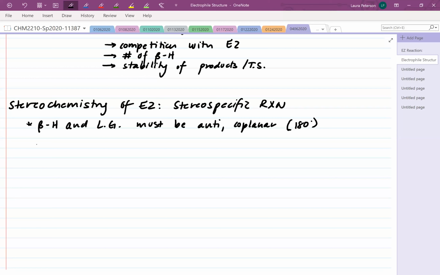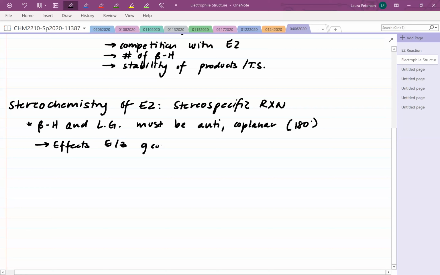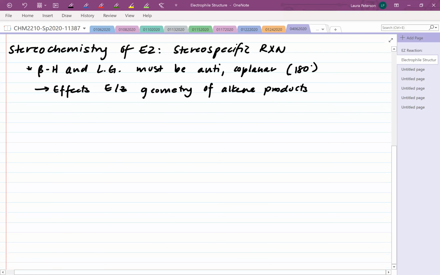What we're going to see is that this requirement affects the EZ geometry of the alkene products. So it's stereospecific in that way.